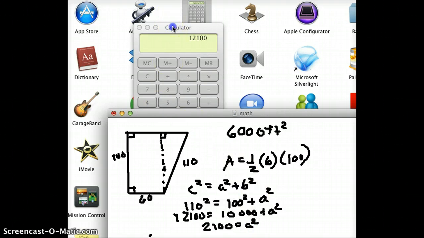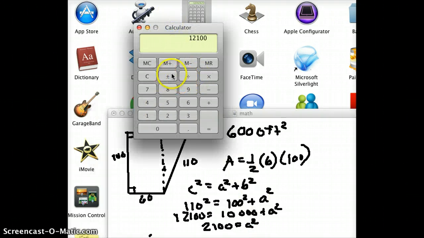So now we need to take the square root of 2,100.